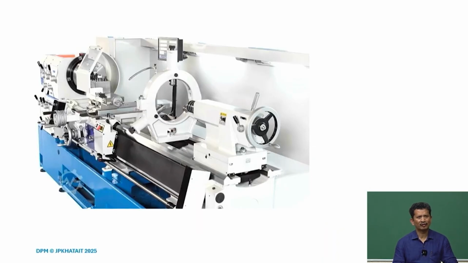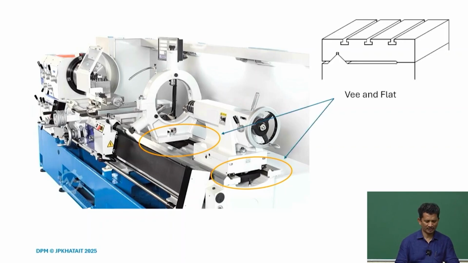So, the idea is whether we can use these principles, what we learned or what our experienced designers and engineers have built into the machines. So, for instance, in this conventional lathe machine, many times we see this kind of design, V and flat.